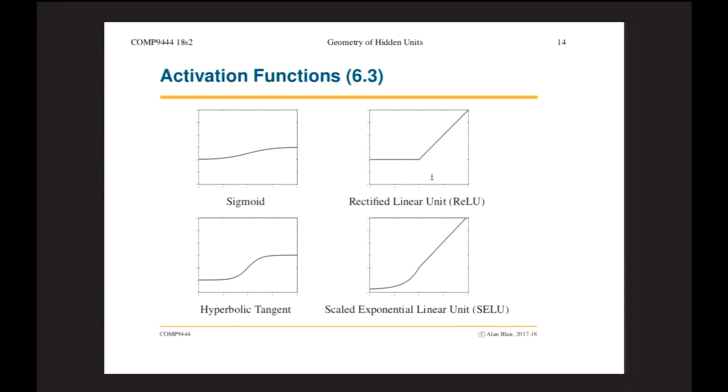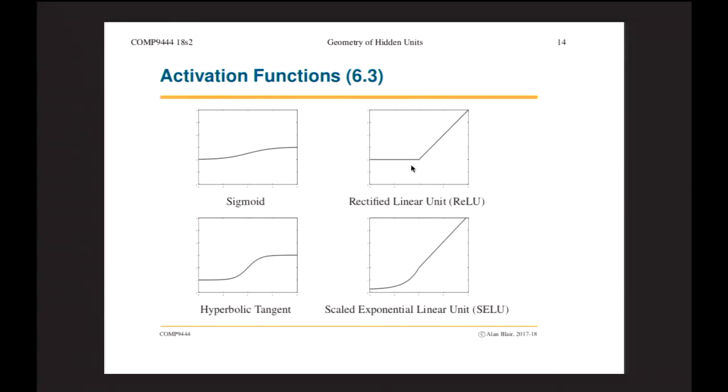I guess it's easier computationally to compute this, and it sort of solves the vanishing and exploding gradients problem because it's linear on one side. Some parts of the network are computing a linear function, and other parts are just 0 and not contributing at all. So somehow this prevents the weights from blowing up.